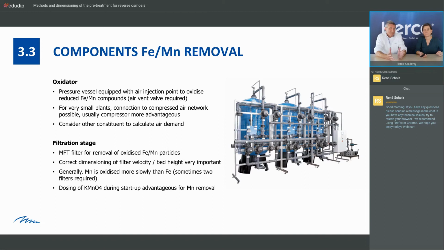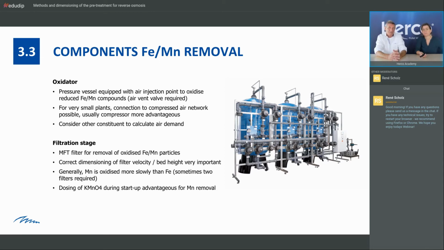Filtration stage is the MFT filter and filter over the media for the removal of the oxidized particles, because before they are oxidized, you cannot filter them out because they are perfectly dissolved. So we have a correct dimensioning of this filter. Velocity and bed height is very important.